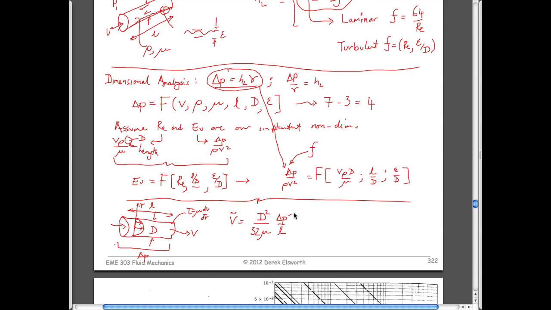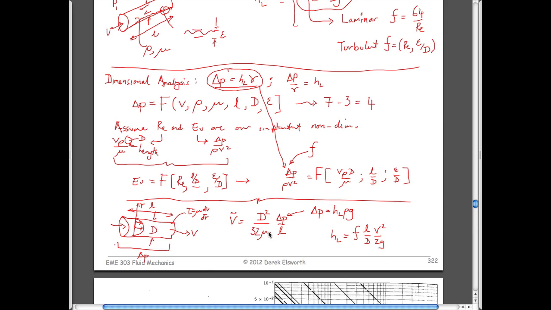I suppose you could make the connections here: if you substitute for the fact that this pressure change is equal to the head loss multiplied by the density and gravity, you can manipulate it to get an expression which gives us the head loss equal to some friction factor multiplied by length over diameter, v squared over 2g.